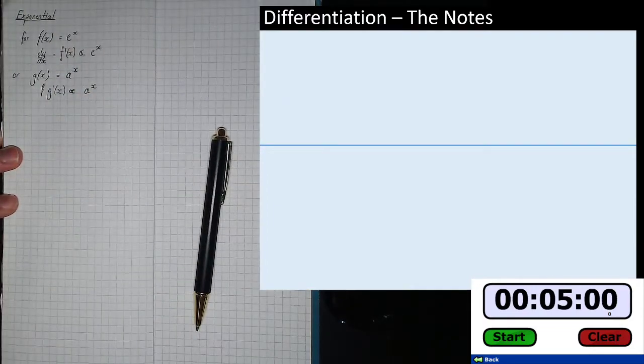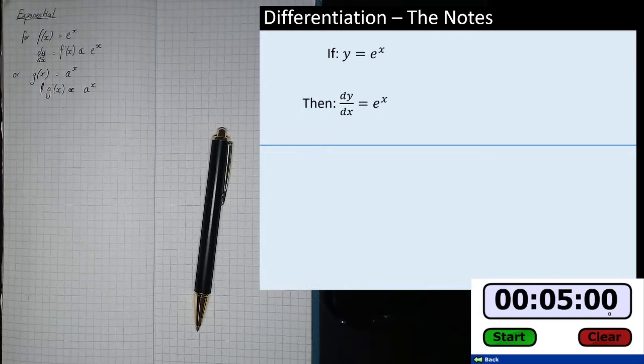So our first keynote for what we're going to need: if we've got just a straight up normal exponential, then the rate of change, dy by dx, is e to the power of x.